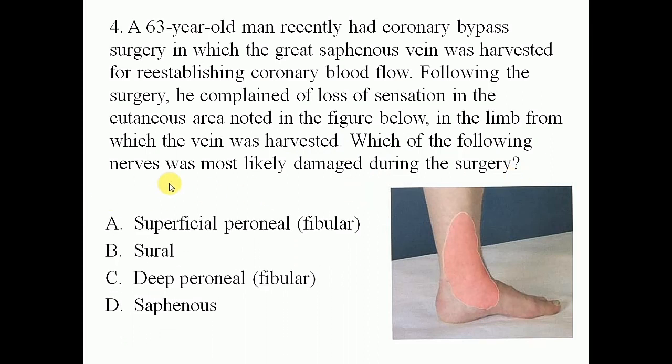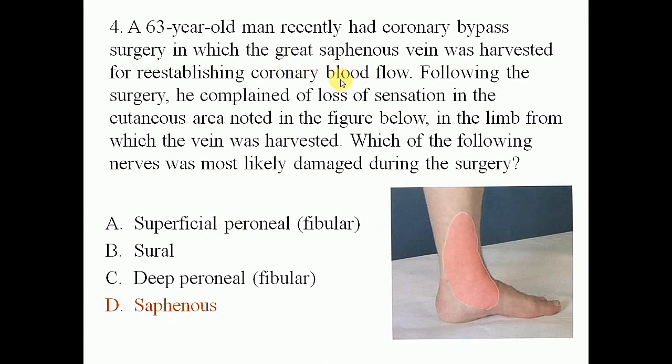The options are A. Superficial peroneal or fibular nerve, B. Sural nerve, C. Deep peroneal or fibular nerve, D. Saphenous nerve. The correct option is D. Saphenous nerve.